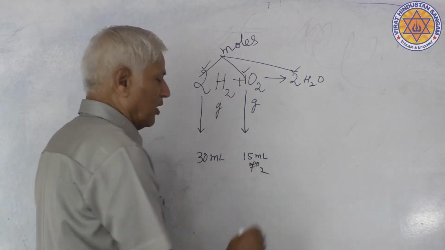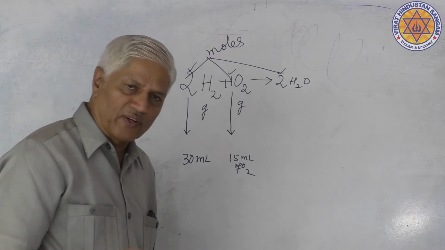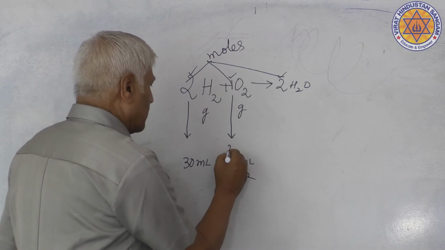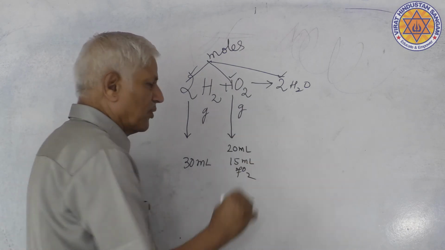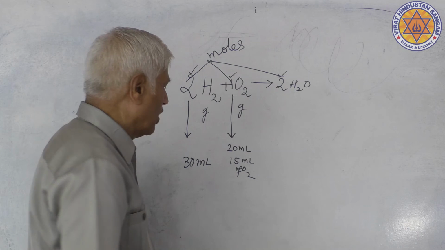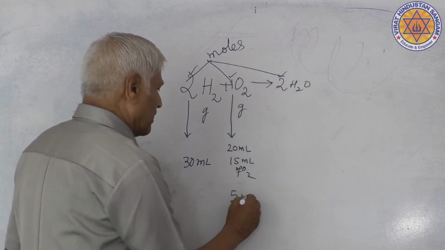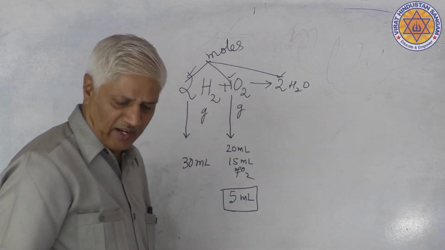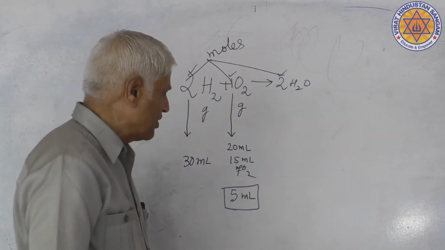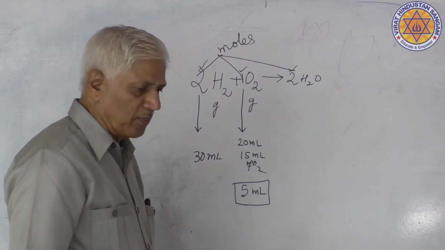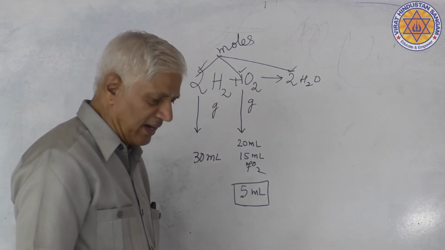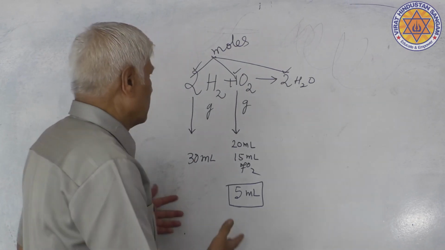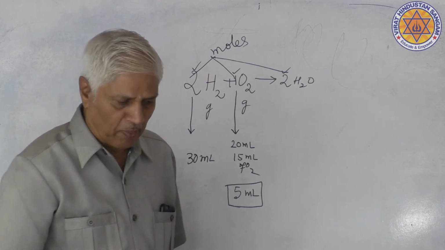For 30 ml of hydrogen, 15 ml of oxygen is sufficient for the reaction to complete. But we have taken 20 ml. That means we have taken oxygen in slight excess. How much? 5 ml. That remains, yes, unreacted at the end of the reaction. Oxygen is left, how much? 5 ml. So, option is D. D for Delhi, D. 5 ml of oxygen. So, such questions are very frequently asked.